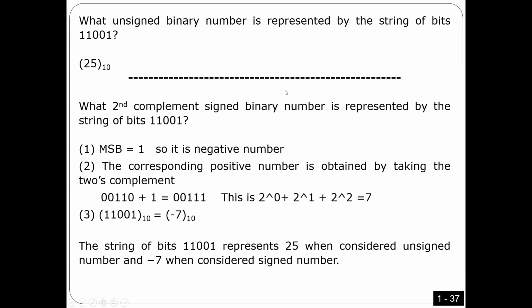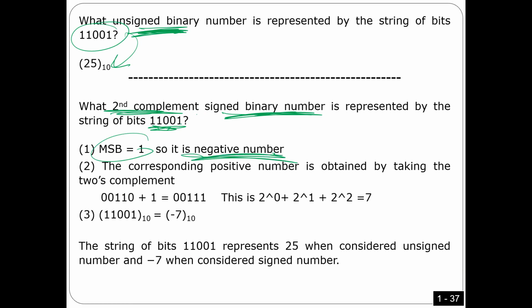That's what I'm explaining here. If I give you this and tell you this is an unsigned number and to convert it, I'm expecting you know how to do it. And if I give you this number and tell you this is a signed number done by 2's complement, because this one is negative, the result is negative something. I can simply calculate the 2's complement of this one, which is 7.